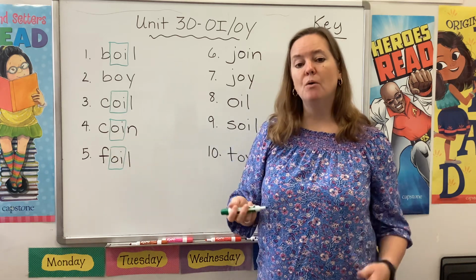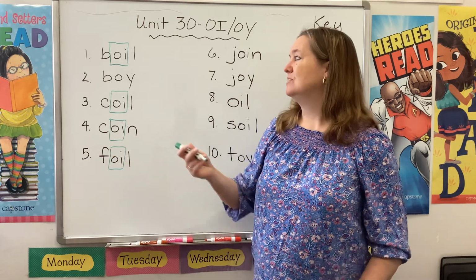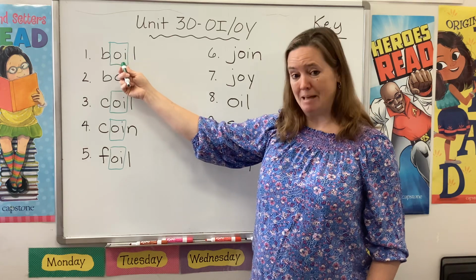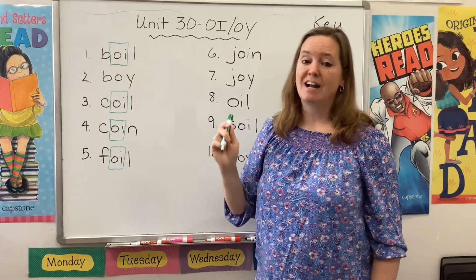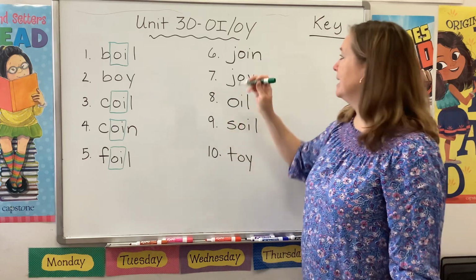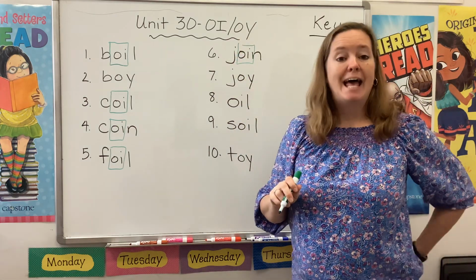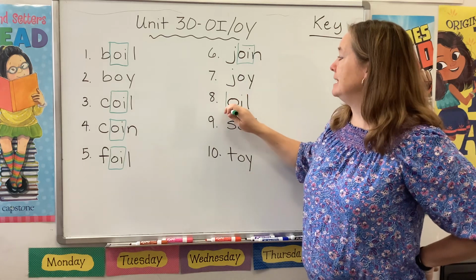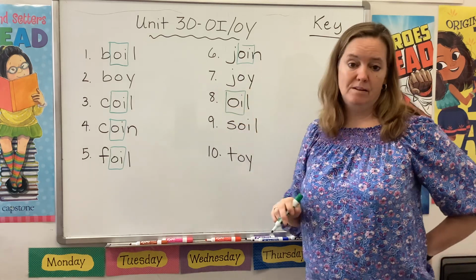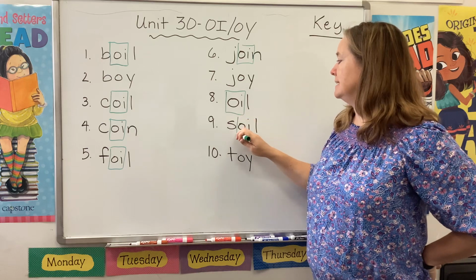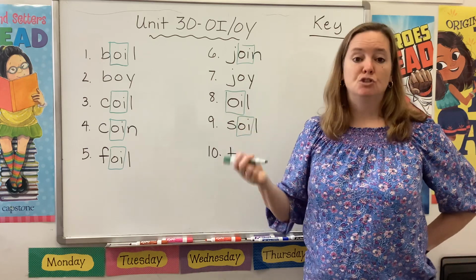I want you to notice that OI is always showing up at the middle of the word, never at the end. We see it again in the middle of join. And now we see it at the beginning of oil. And then we see it at the middle of soil.